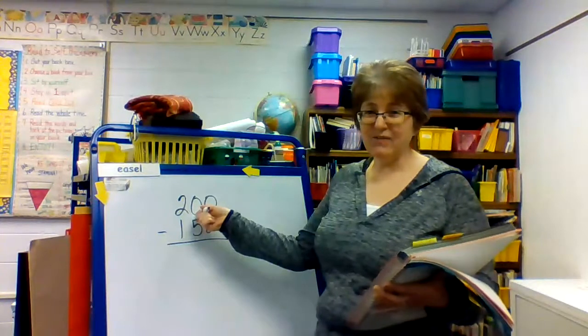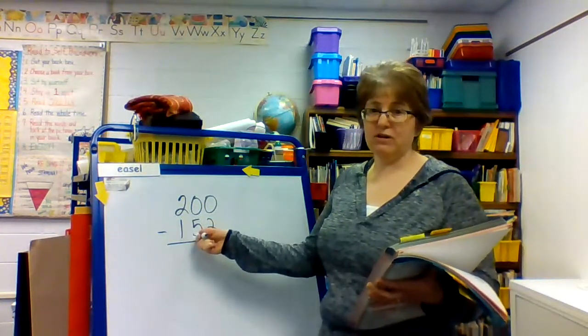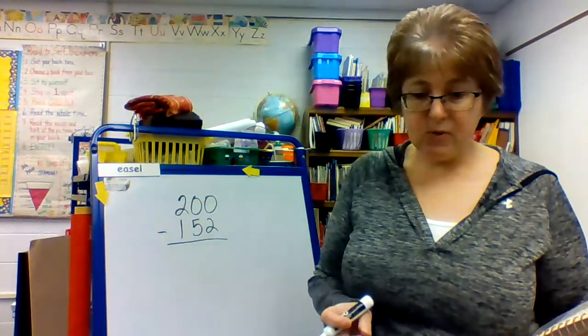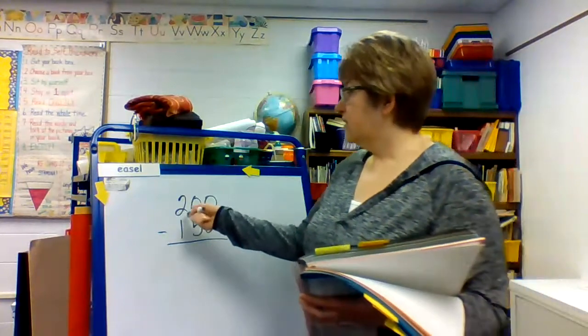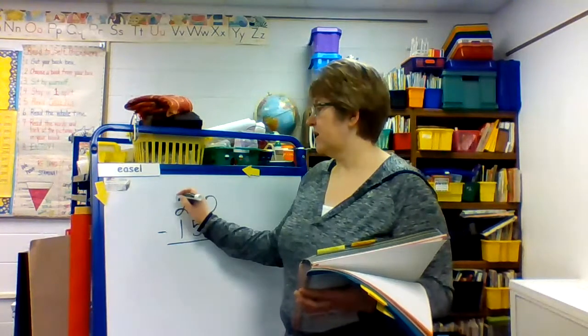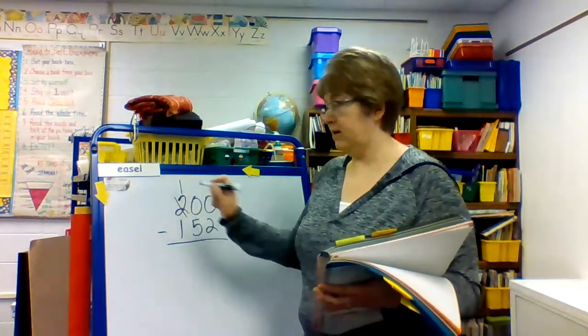But I have a 0 up there again. There's more on the floor, so I have to go all the way over to the hundreds place to start. Okay? So we're going to go to the 2, and then I'm going to cross out the 2. The 2 becomes a 1.